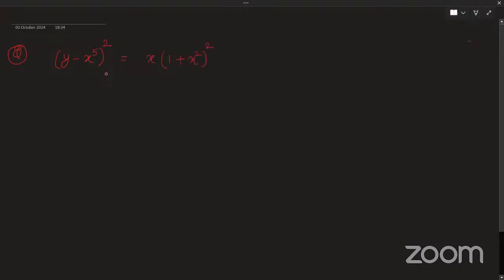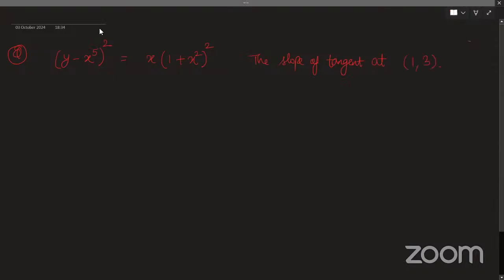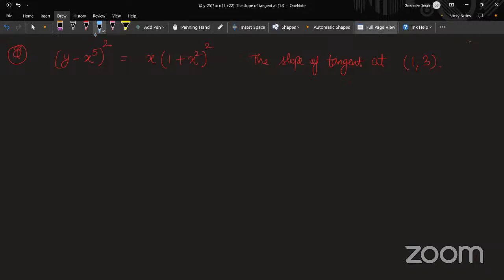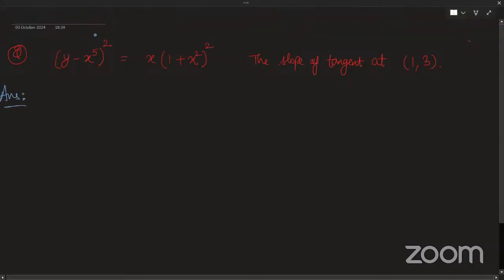So this curve has been given to you and it is asking you the slope of the tangent.